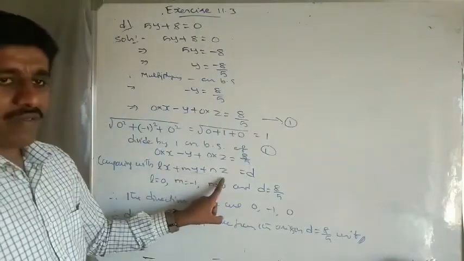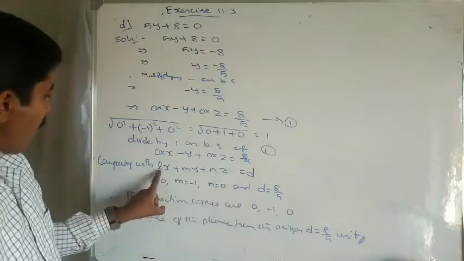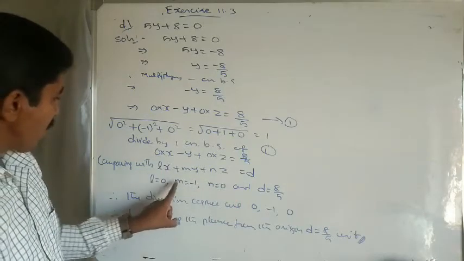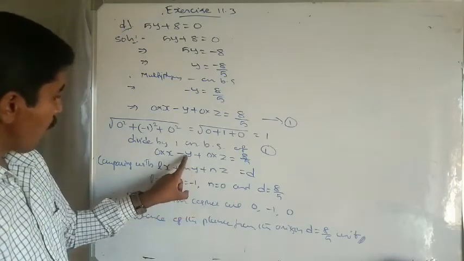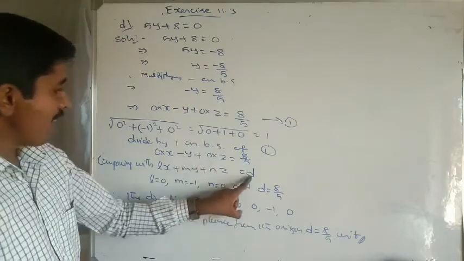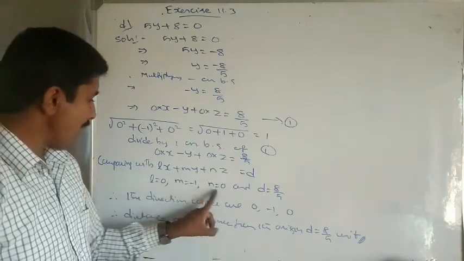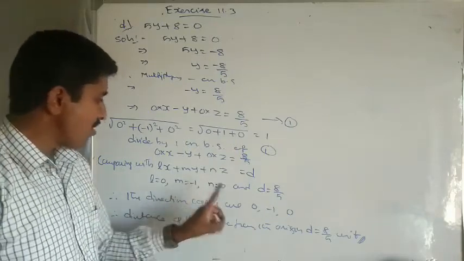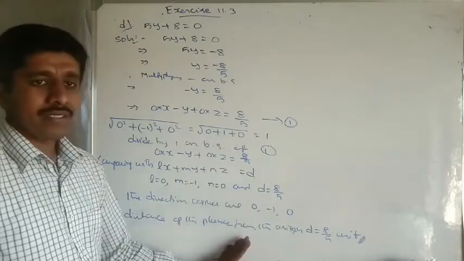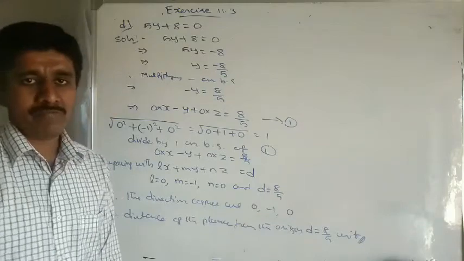Comparing with the standard equation lx plus my plus nz is equal to d, l equal to 0, m equal to minus 1, n equal to 0 and d equal to 8 by 5. The direction cosines l, m, n are 0, minus 1, 0 and the required distance d is equal to 8 by 5 units. Got it.